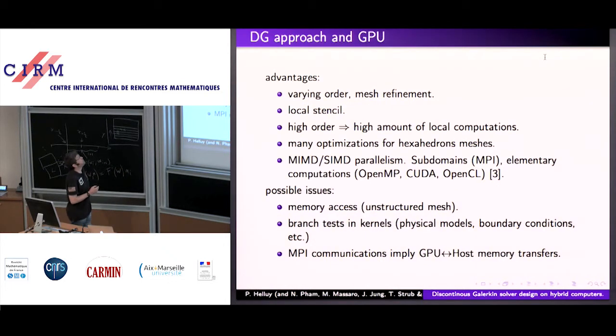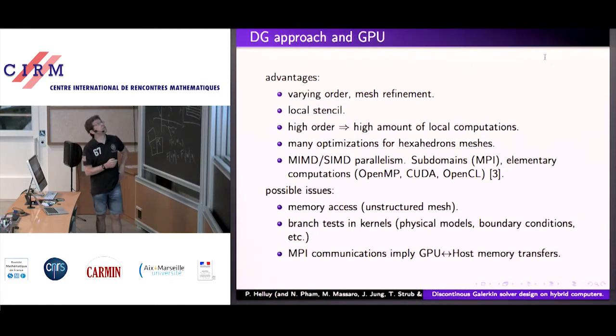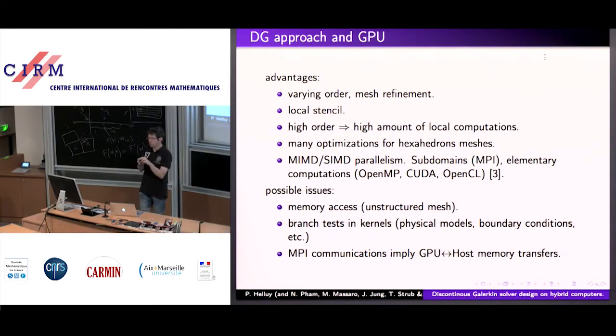Alors, the DG method has many advantages. For instance, you can use varying order because the basis function can change from one element to another. It's very easy to use mesh refinement because you don't need to match the elements. You have a local stencil.